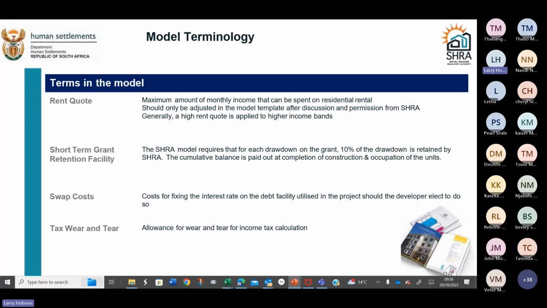There's a default that's been entered by the SHRA. You should only adjust that if you discuss it with the SHRA. And you'll see that it does vary between lower income bands and higher income bands.